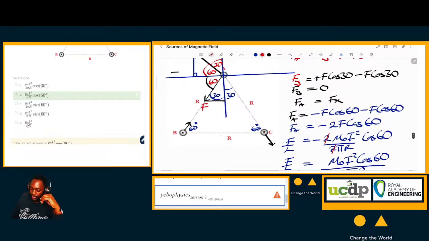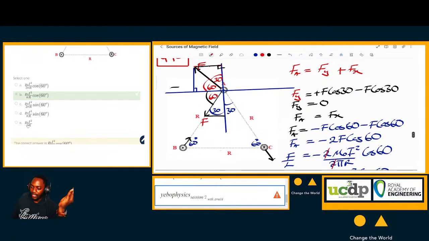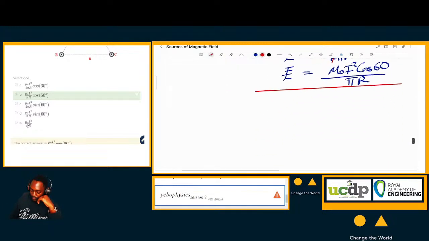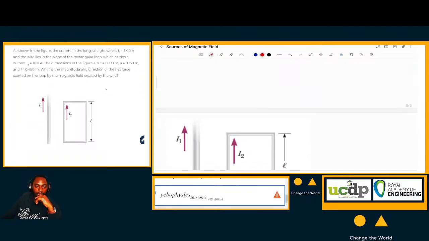All right, so it's just similar to the previous question, but only in this case these conductors are still parallel, but they are not in the same line. You did a lot of resolving last semester, so that should not be a challenge to you at all. Now let's look at question 13.